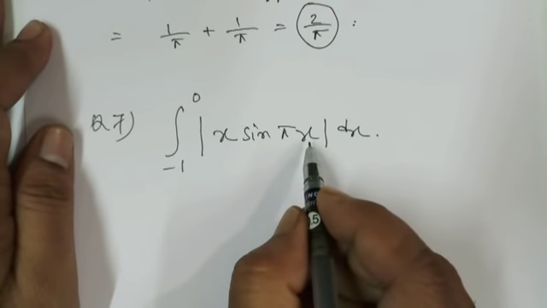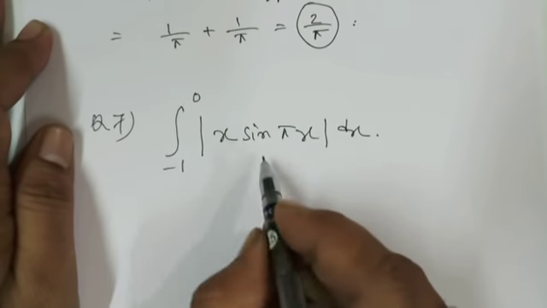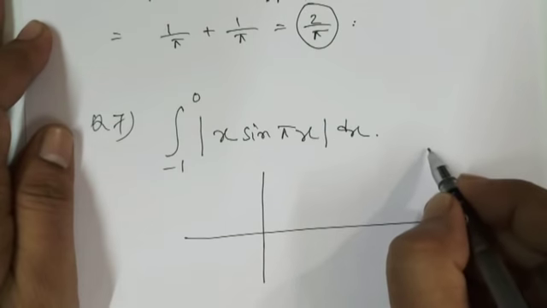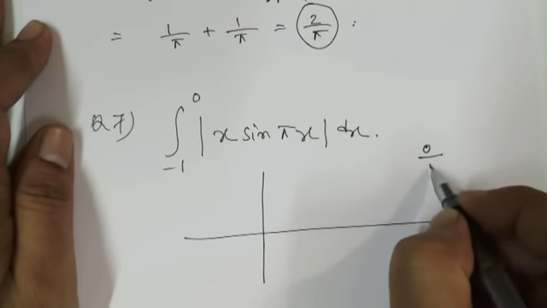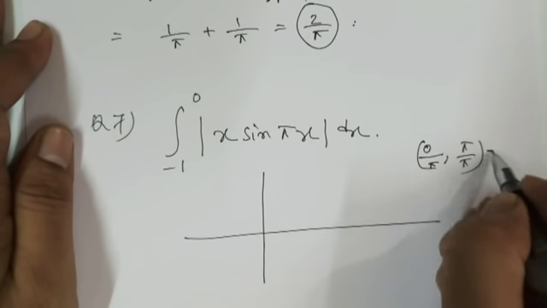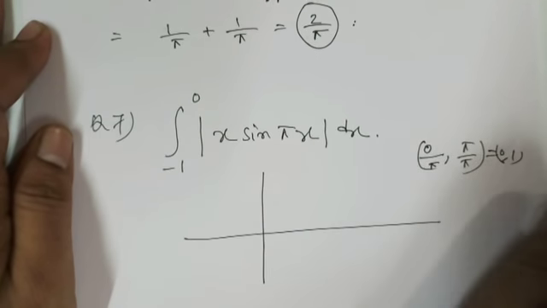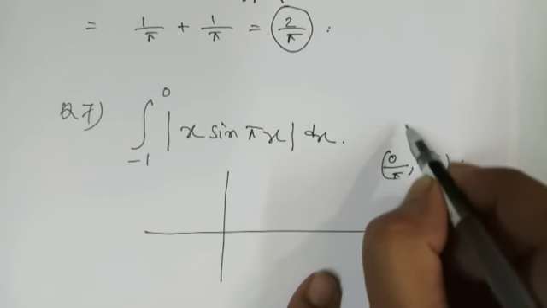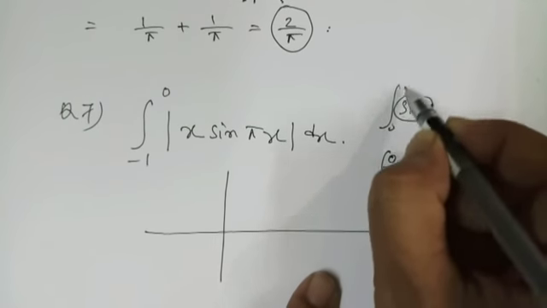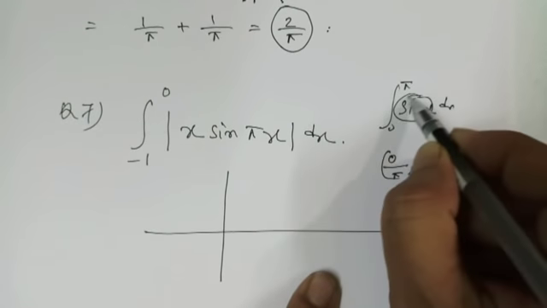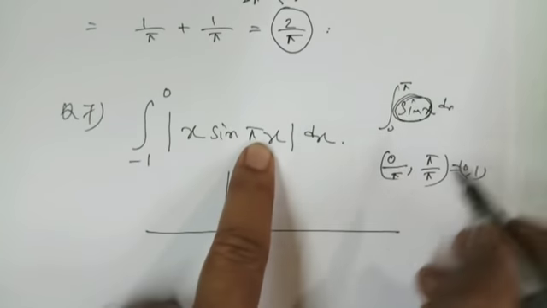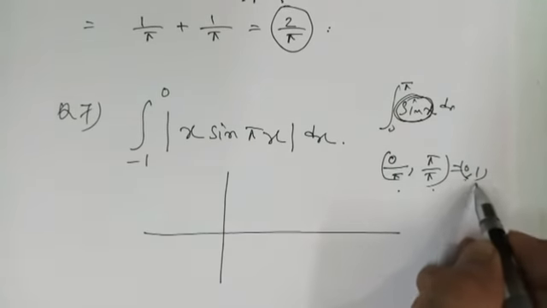One loop of the graph of sin pi x must lie between 0 divided by pi and pi divided by pi, that is 0 to 1. Because I have already discussed that one loop of sin x is integral 0 to pi, so one loop of sin pi x is 0 by pi to pi by pi, that is 0 to 1.